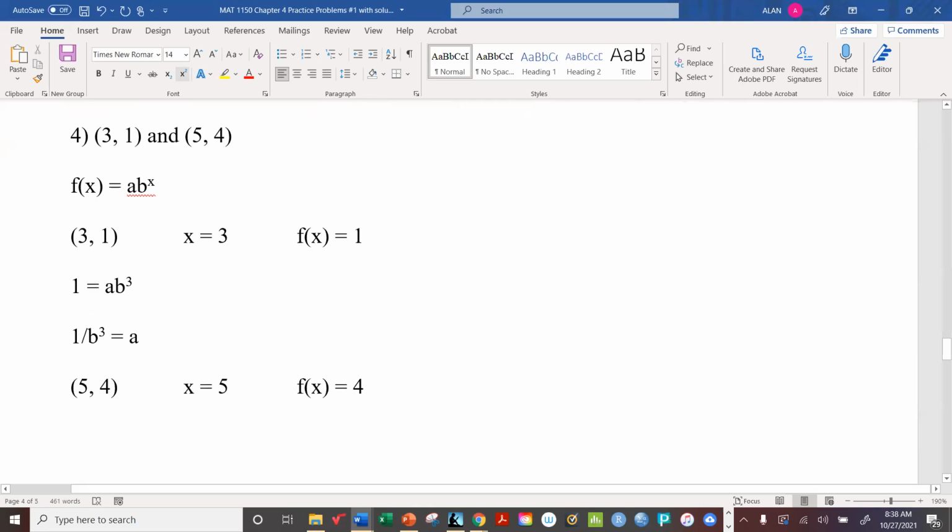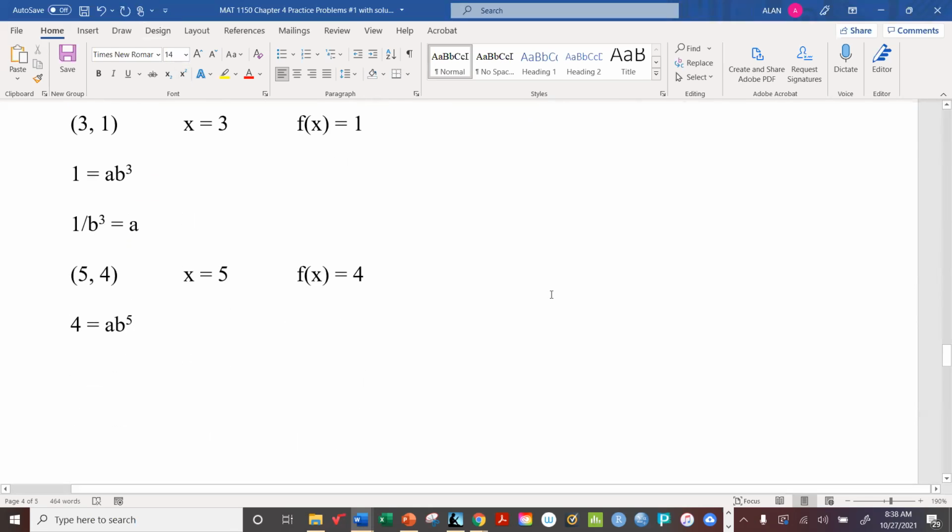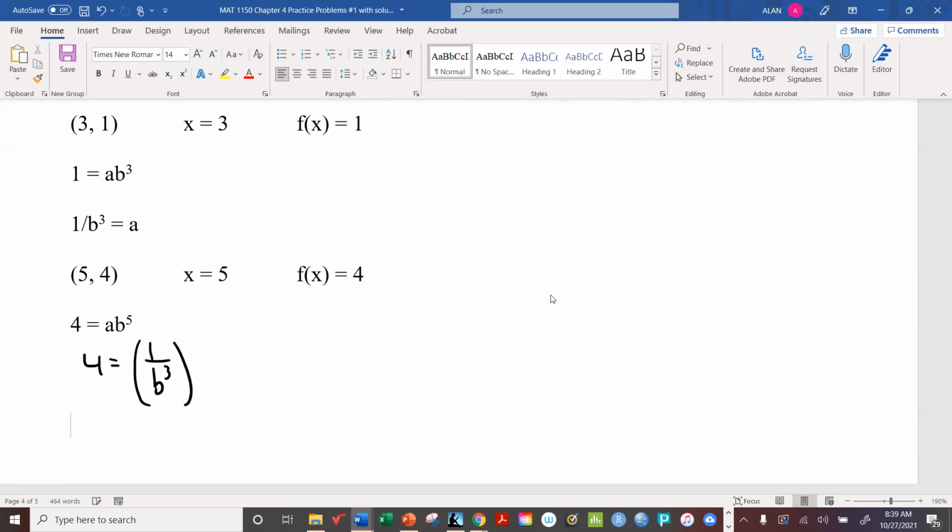So we have 4 equals a b to the 5th power. And of course, we know what a is from the previous step. So therefore, we have 4 equals 1 over b cubed. Now this looks very promising.